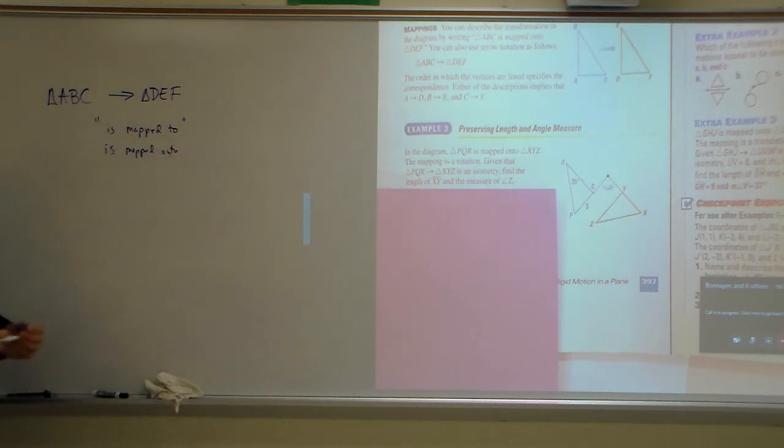Either of those are fine, okay? So that's just a little bit of notation. So we're going to use this. We've got a little bit left. I'm hoping my battery space lasts.